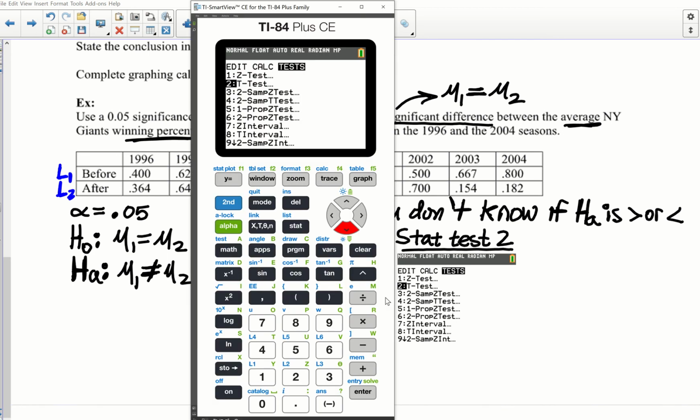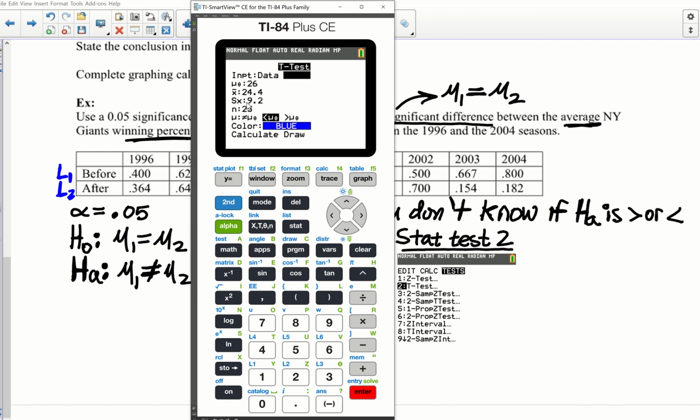All right, once you select that one, you see when we did the t-test before, we had an option for data or stats. I mentioned that the only time you would select data is if you had typed in data, a raw list of data, which is what we just did. Previously, we typed in summary statistics, because the problem gave us a mean, a standard deviation, a bunch of things.